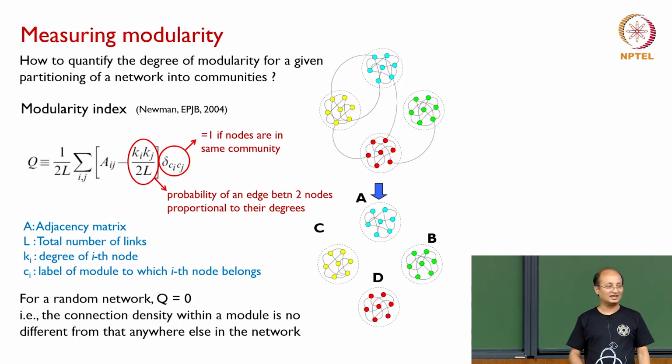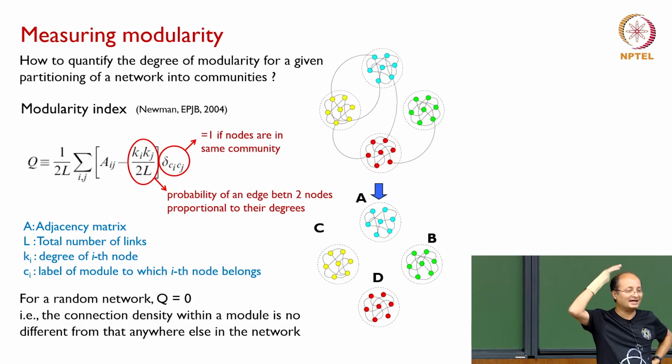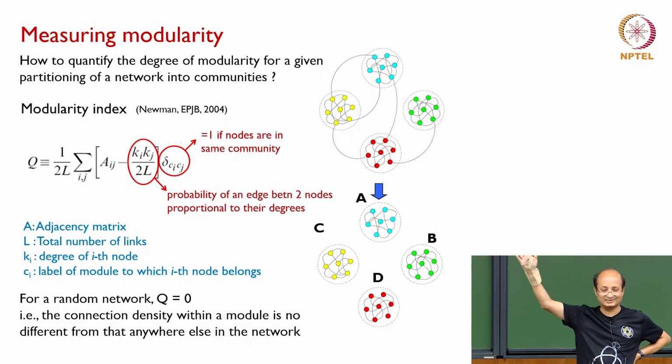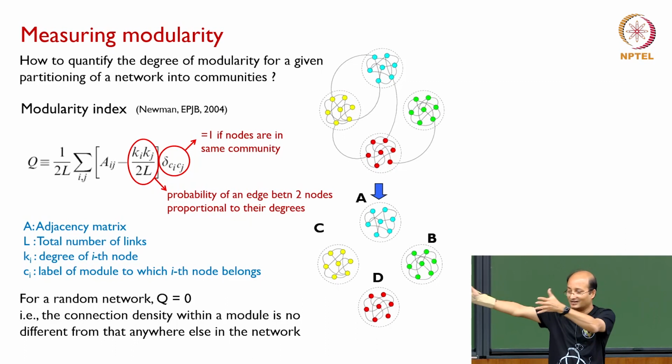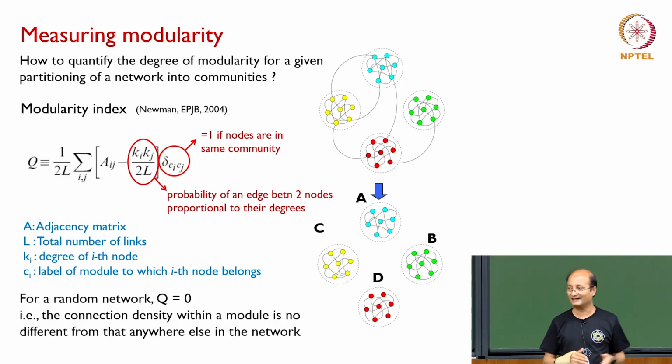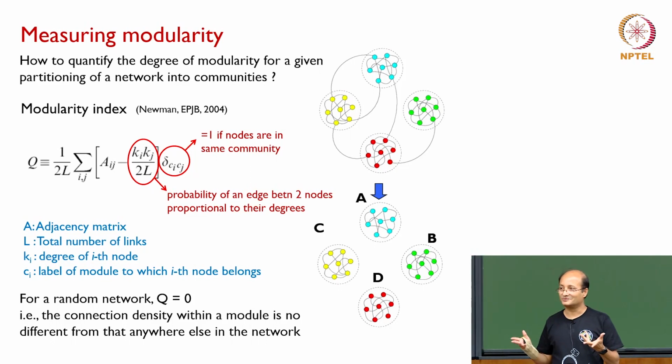So first you guess a particular modular organization. You take some partitions that may or may not be correct, and you compute this quantity: the actual number of connections among members within a module, minus the number of connections among members within the module you expect from pure chance given their degree.